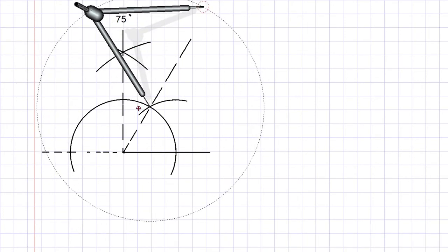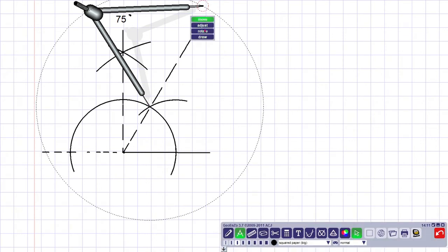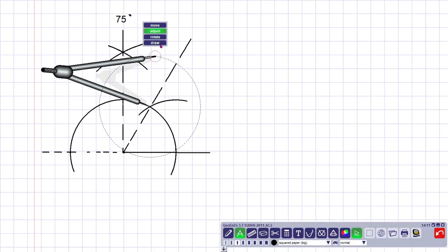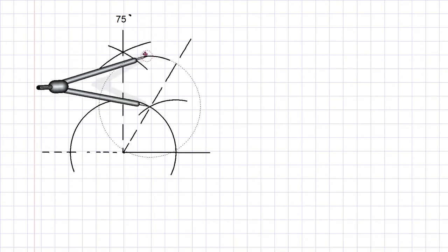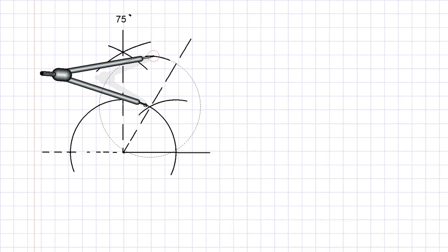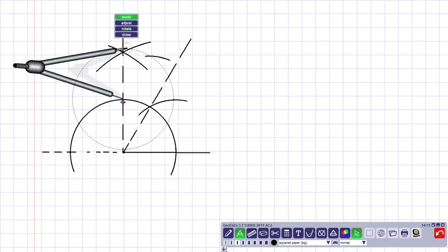Place the compass here. Adjust the compass. Draw an arc this way. Now without changing this distance, place the tip of the compass here.